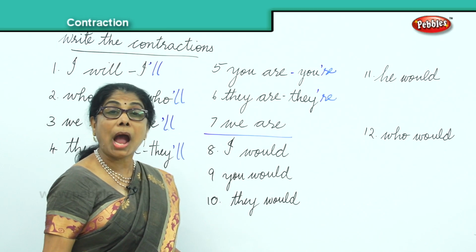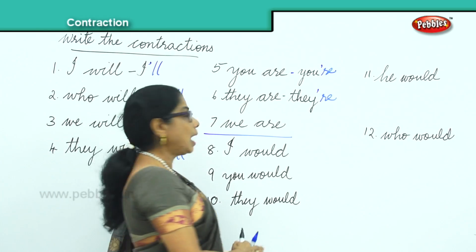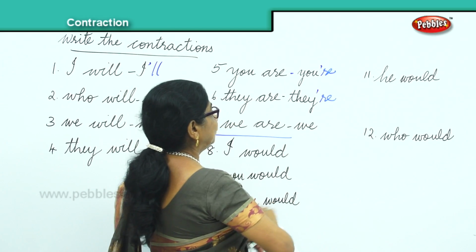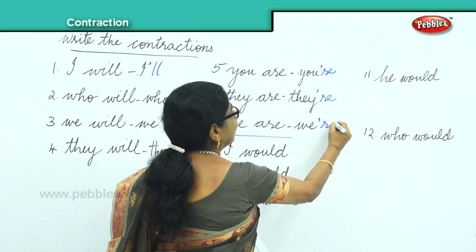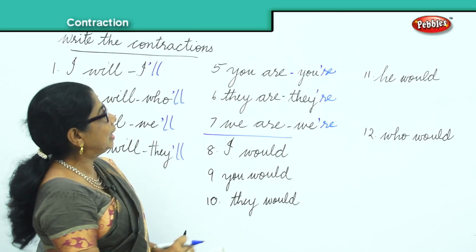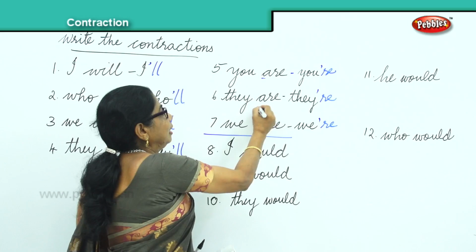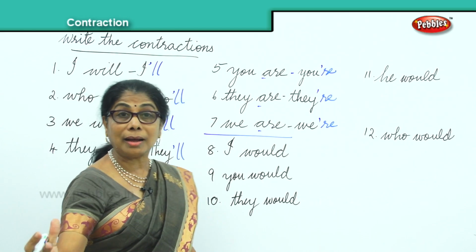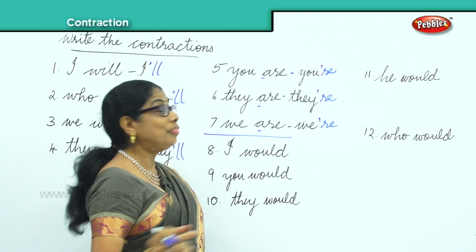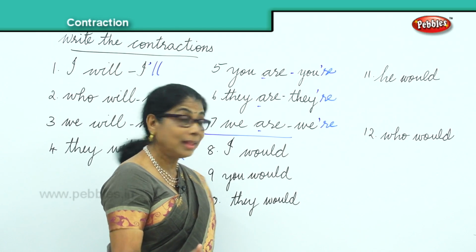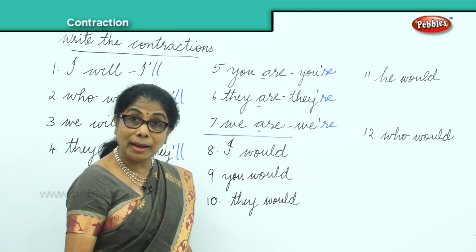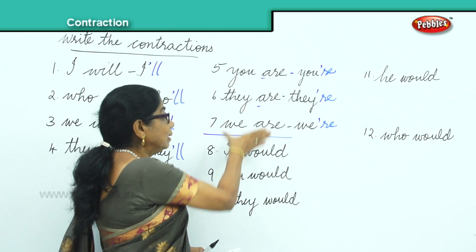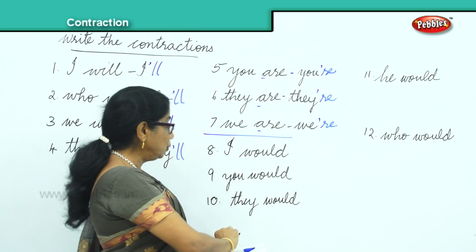Okay? We are: we, apostrophe, R-E. Now look at this very carefully. We have taken away A and written apostrophe R-E. You're, they're, we're. So you know how to make the phrases into contractions.